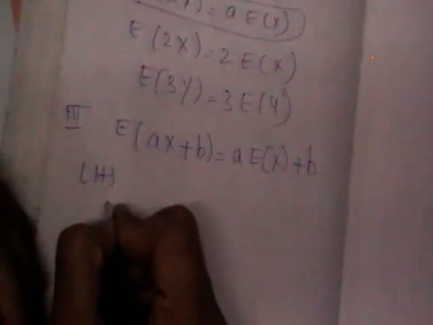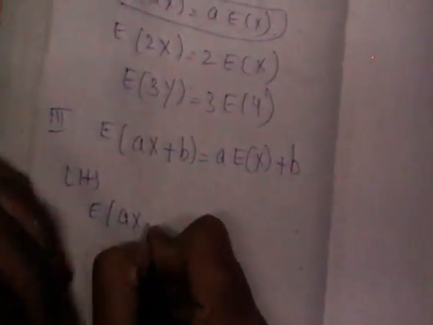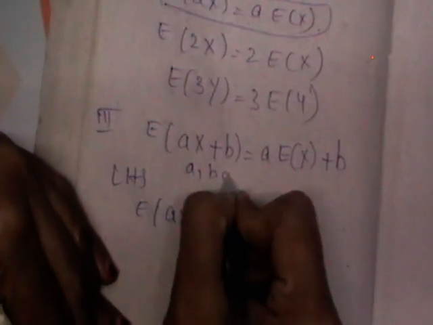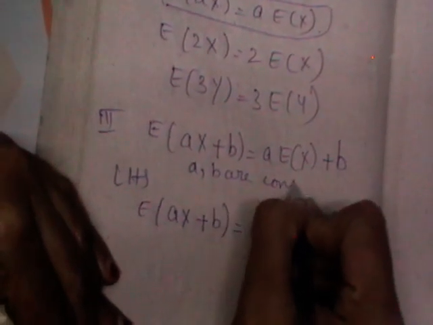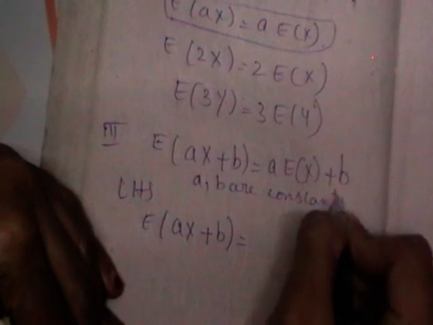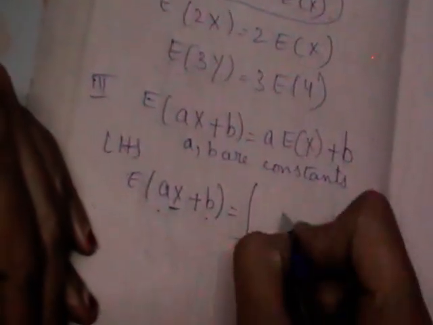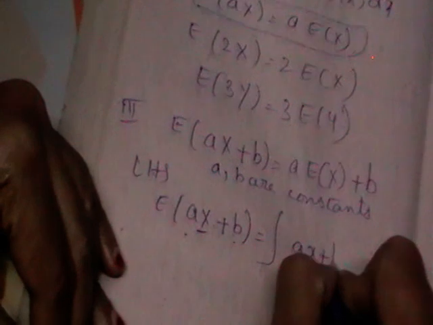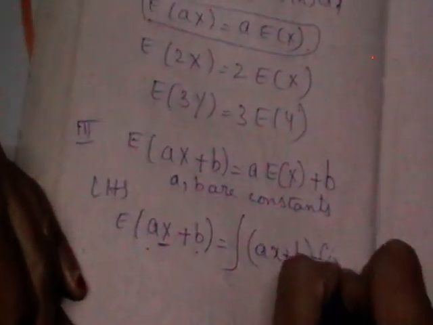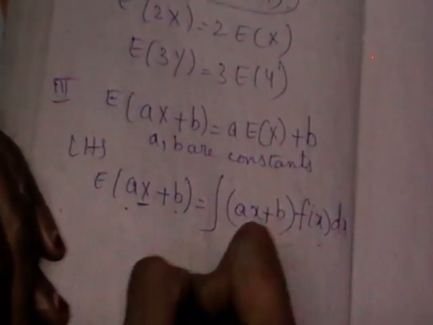Okay, so consider the LHS. What is E of Ax plus b, where a, b are constants? X is the only variable, and a and b are constants. As you have only one variable, you will start with the integral. Within the brackets we have Ax plus b, and you should write the corresponding PDF, f of x dx.